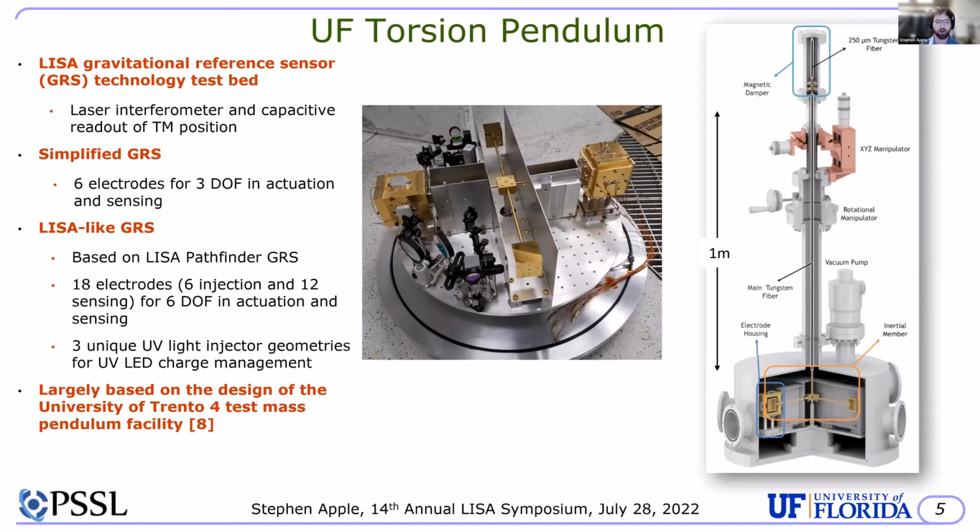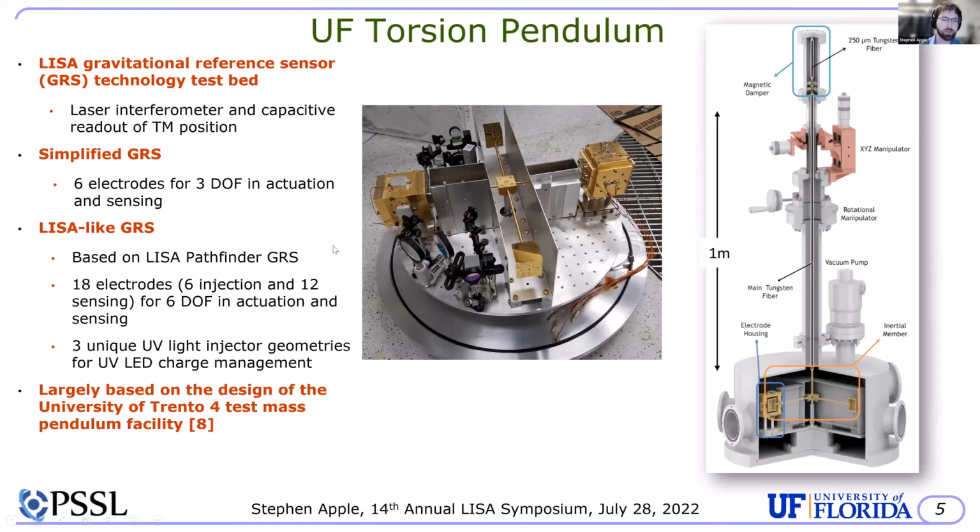This is done by polarizing the test mass with a 100 kilohertz injection signal sent to electrodes in the GRS, and then we read out the voltage from a pair of sensing electrodes connected to our readout electronics. This voltage is proportional to the test mass displacement.